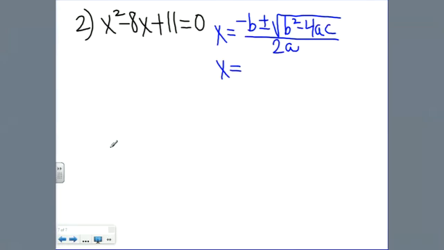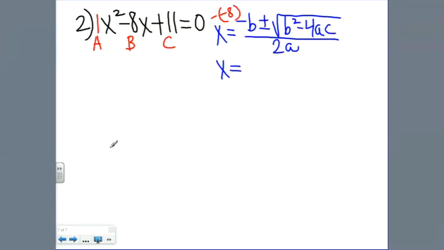Earlier we found the values of A, B, and C. A is 1, B is negative 8, and C is a positive 11. At the beginning of our quadratic formula, when you plug in B, B is already negative, and our B is negative, so we have a double negative happening.